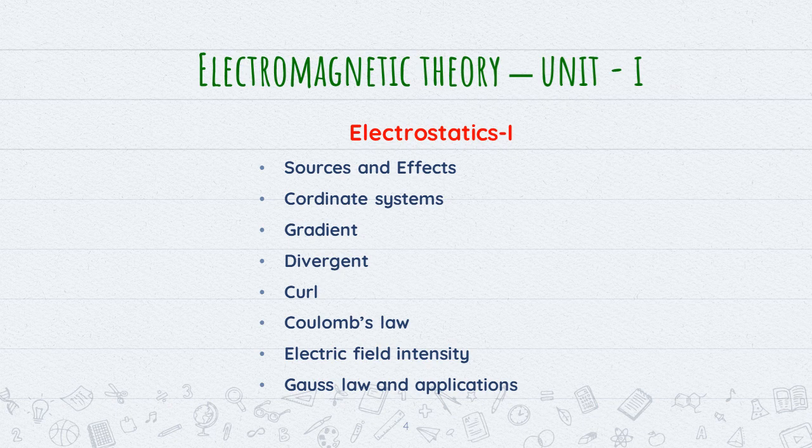I also started coordinate systems, and there are three types of coordinate systems. One coordinate system I discussed already. Now in this video, we are going to discuss the second type of coordinate system, that is the cylindrical coordinate system.